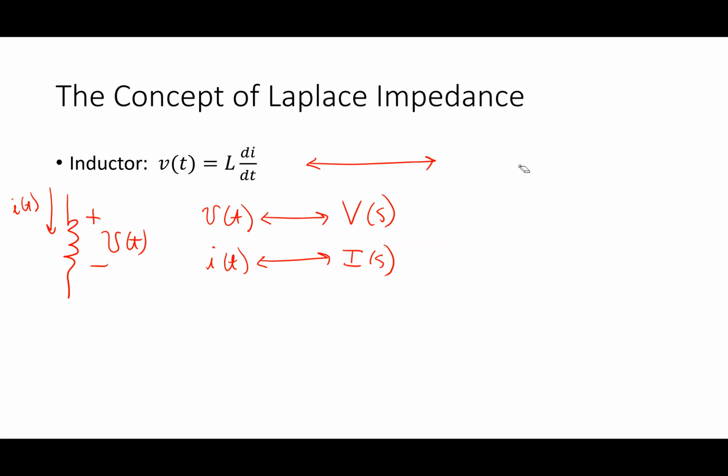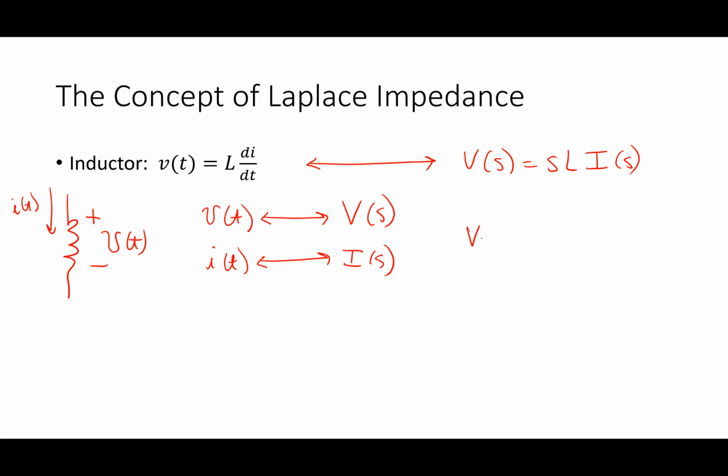What's that become? Yes, V of S equals SL times I of S. Again, I'm assuming there are no initial conditions because they muck everything up if we include them.